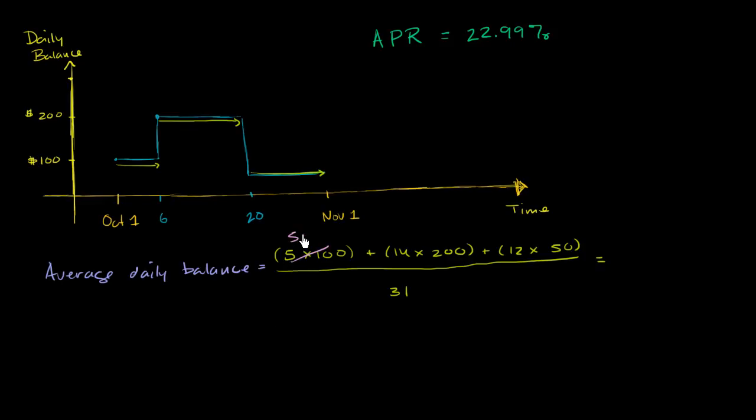So our average daily balance is going to be, let's think about this. This would be $500. 14 times 200 is 2,800. And then 12 times 50 is $600. So 500 plus 600 is 1,100, plus 2,800 is $3,900. And we're going to divide that by 31 days. If you summed up your balance for each day, you would get 3,900.